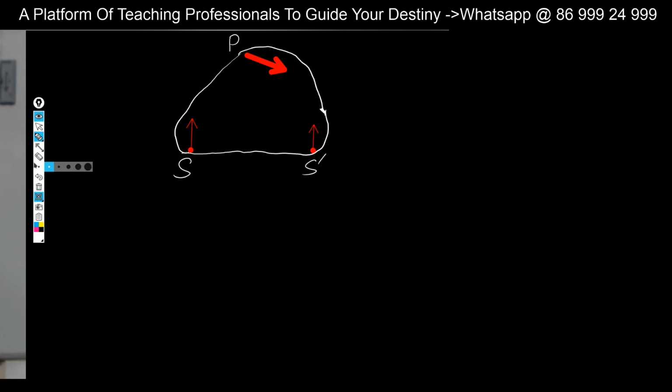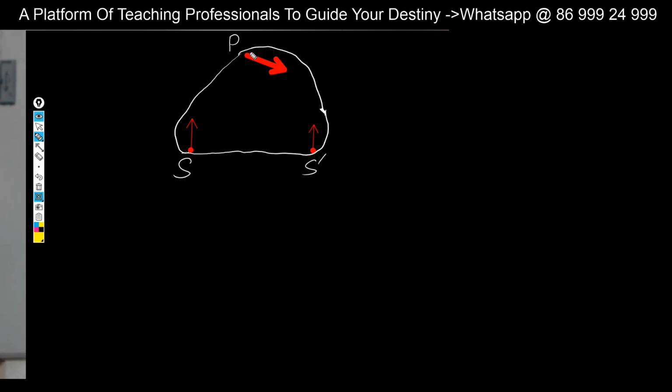Okay, now you move the thread, no, not moving the thread, you move the pin in such a way that the thread will never be loosened or the thread is always kept tight.